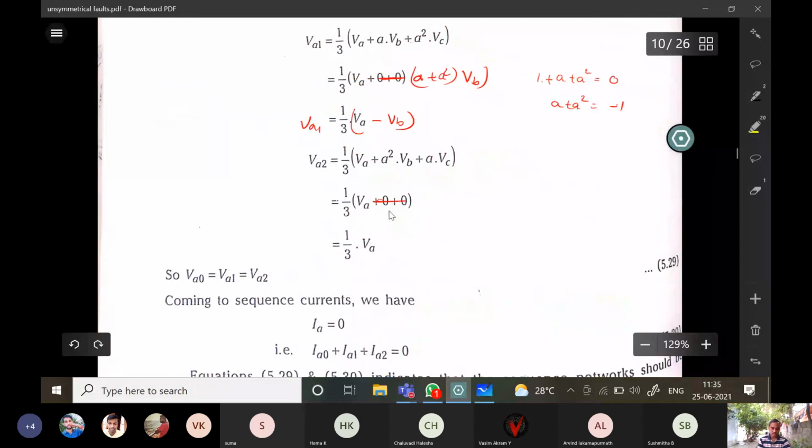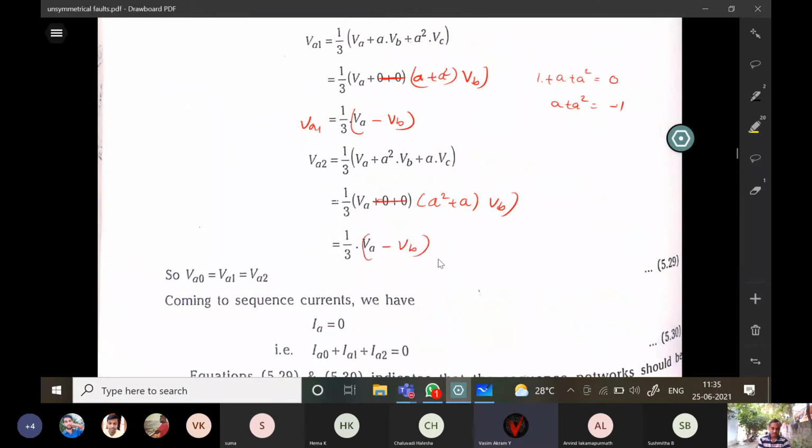And similarly VA2 can be written the same as it is. In this place, VA plus, take common a squared plus a. VA1 is equal to VA2.